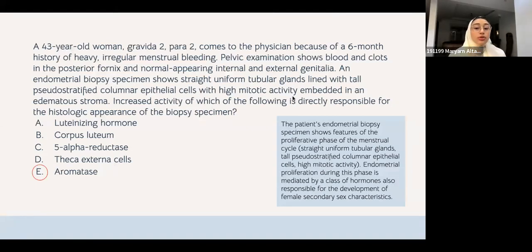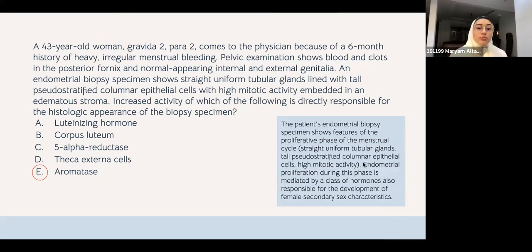That tells you that it's proliferating, even if you weren't 100% sure of the specific answer. Just think high mitotic activity. That means my inner lining is proliferating, so I must be in the proliferative phase. They would describe more of an edematous stroma, spiral arteries, if you're talking about the luteal phase.